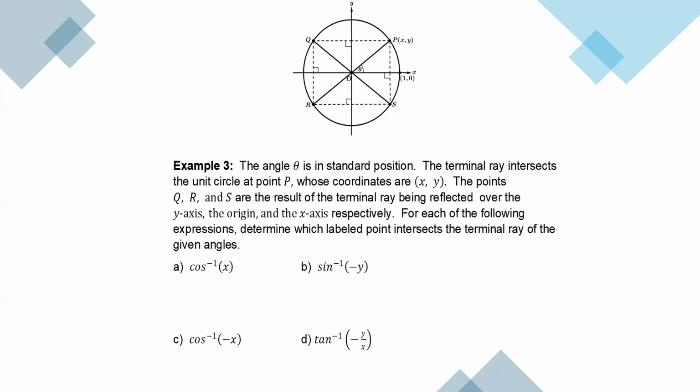For each of the following expressions, determine which labeled point intersects the terminal ray of the given angles. Okay. So the first thing it wants us to figure out is which point can be cosine inverse of x. And we're only using each point once.